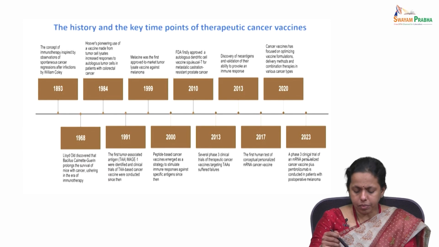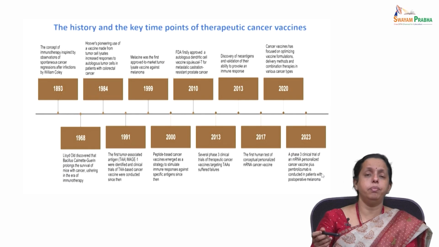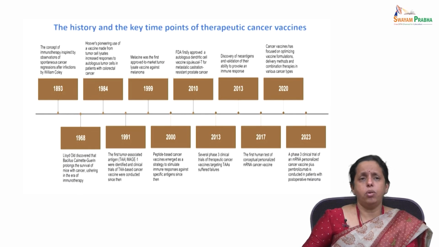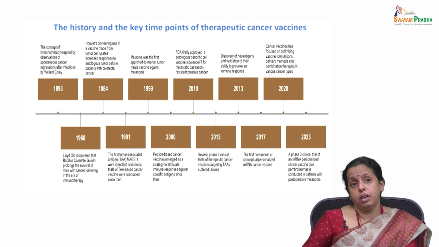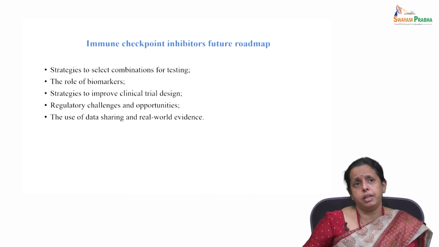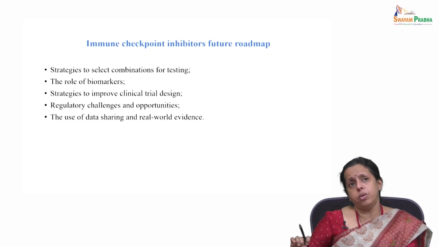A phase 3 clinical trial of an mRNA personalized cancer vaccine along with pembrolizumab is conducted in patients with post-operative melanoma. This is by far how the history and the different milestones of cancer vaccines have evolved over the time period.